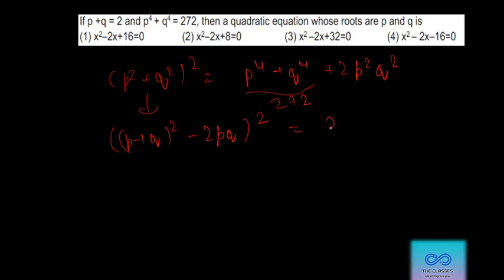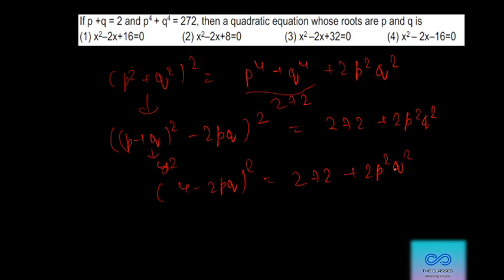So the whole square equals 272 plus 2p square q square. And p plus q we have as 2, so its square will be 4. So (4 minus 2pq) whole square equals 272 plus 2p square q square.